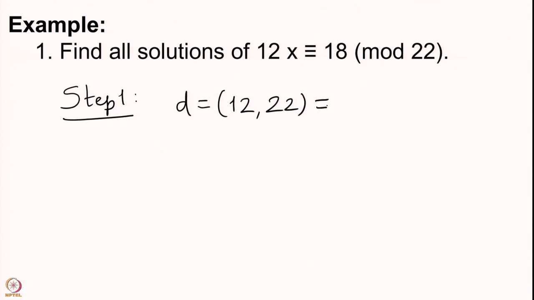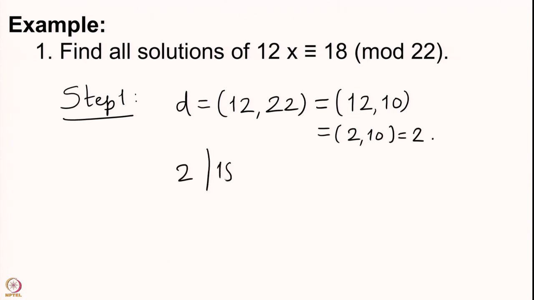The GCD of 12 and 22, if you want to use the division algorithm, will give you the GCD of 12 and 10, which is further the GCD of 2 and 10, and therefore this is 2. 2 divides 18, so we have a solution. In fact, 2 solutions.